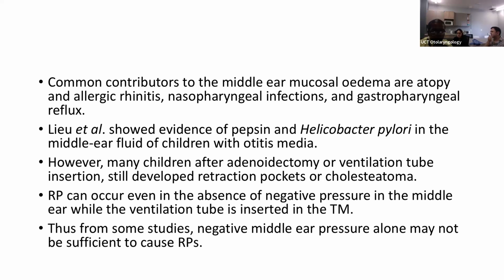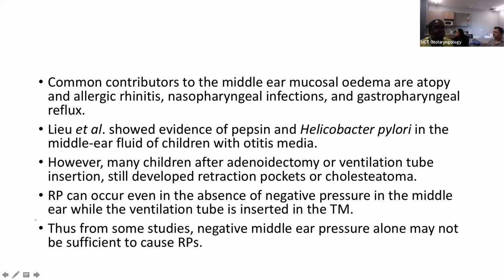We know that in children, the eustachian tube is more horizontal, wider, and shorter. So issues in the nose or in the pharynx, or fluids in there, can easily cause problems in the middle ear. In fact, it's been found that some children after adenoidectomy or ventilation tube insertion still develop retraction pockets or cholesteatoma.